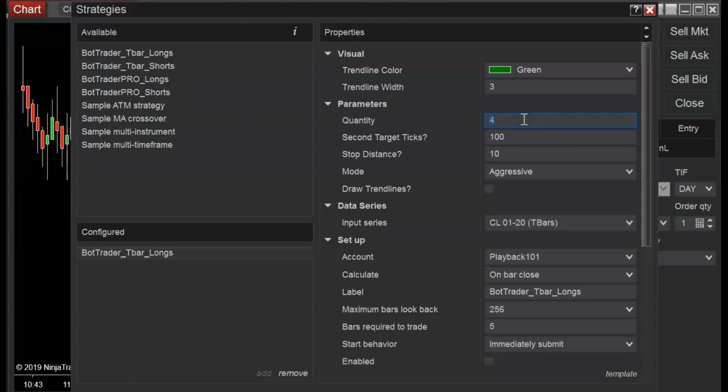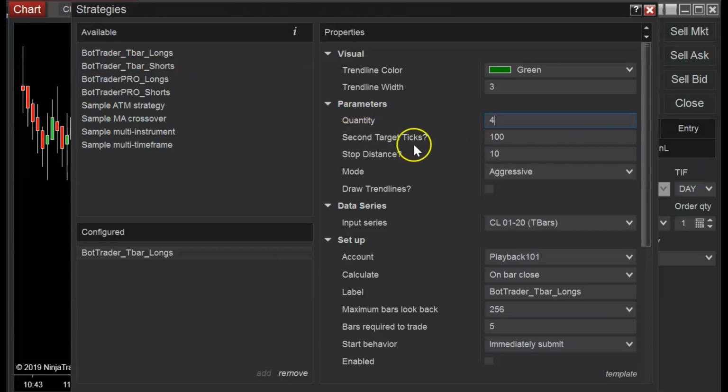So if you want to trade one standard lot of Forex, you have to type in 100,000 here, because that's one standard lot. If you want to trade 6 standard lots, you have to type in 600,000. I know that seems like a lot, but there's nothing new there with Forex. One standard lot is 100,000 units. I'm going to leave mine at 4 for 4 contracts, because we're going to be taking a look at crude oil in just a few seconds.